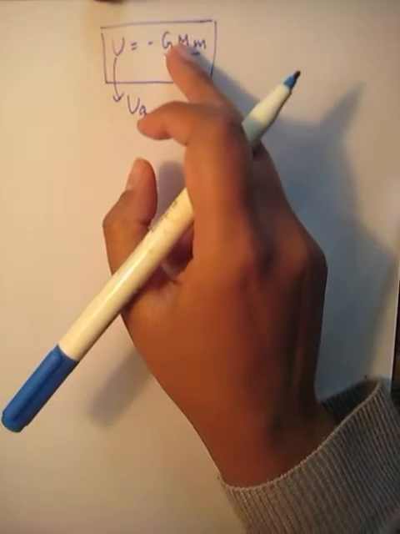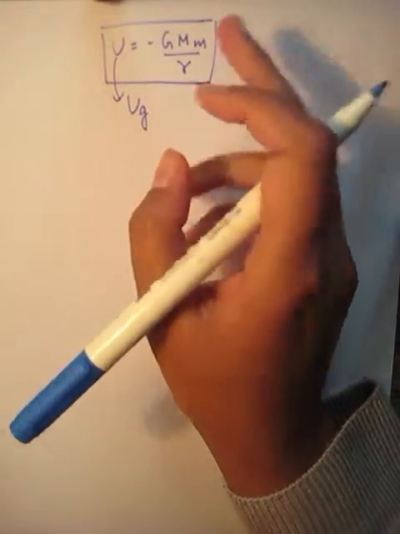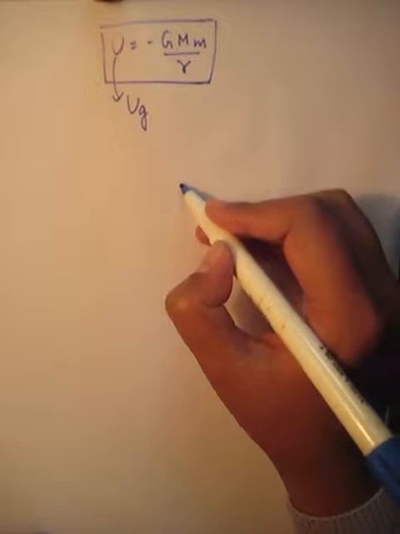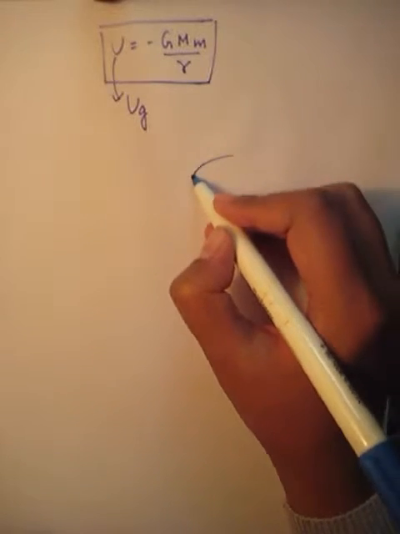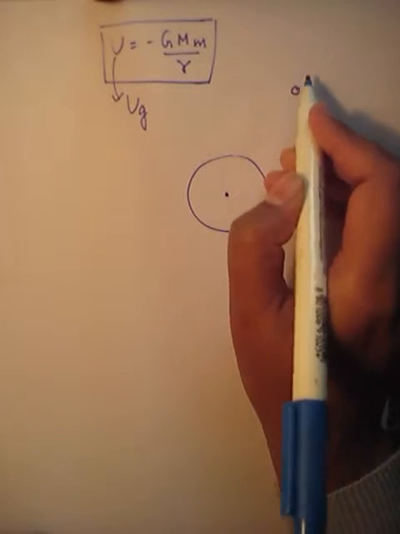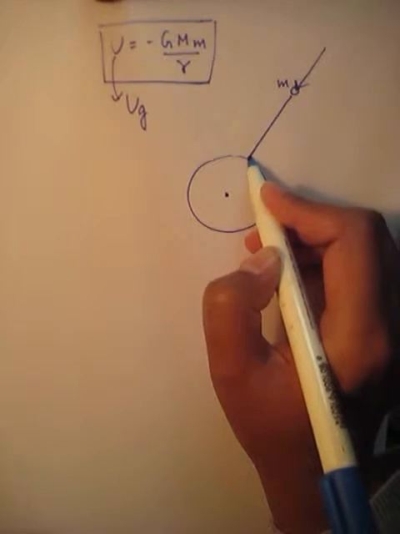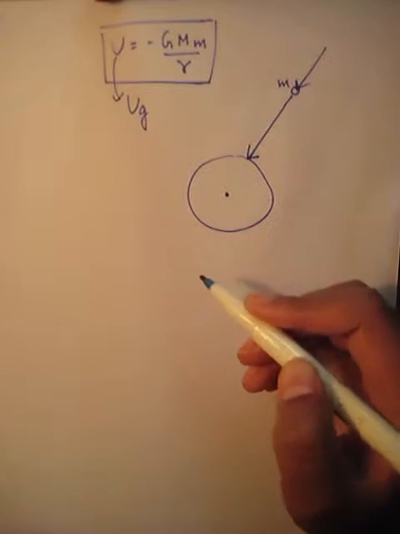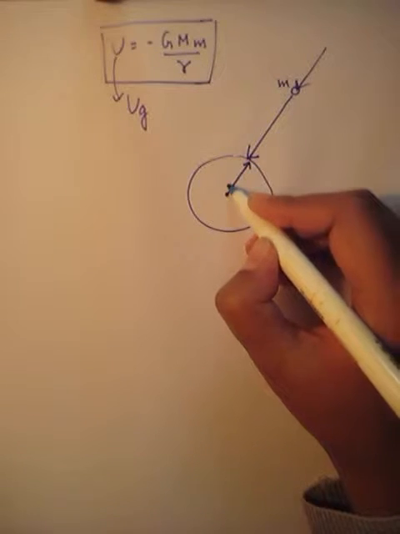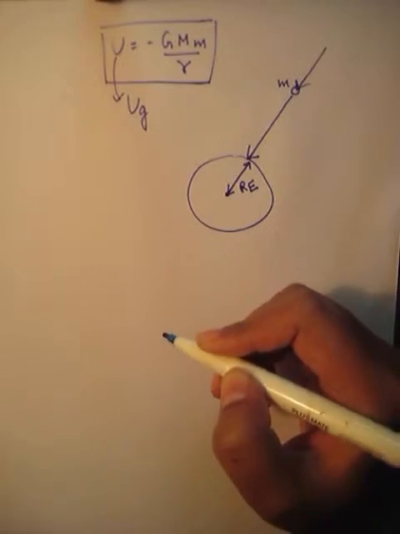Suppose the first mass is Earth and this small object m is being moved from an infinite distance to the surface of Earth, and the surface of Earth will have a radius of RE.